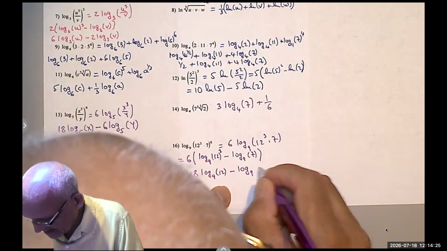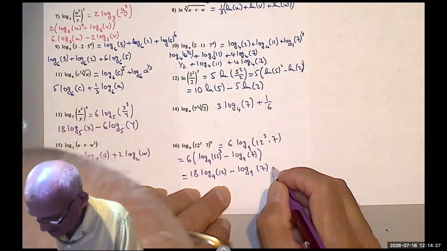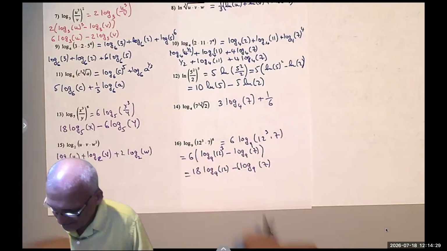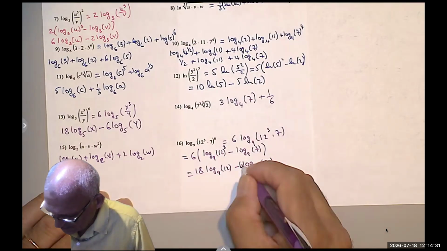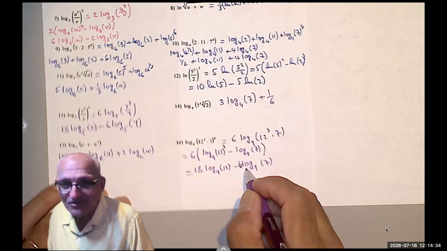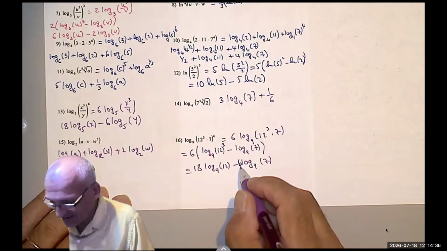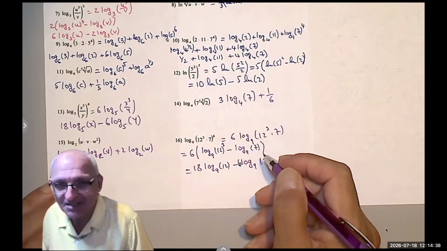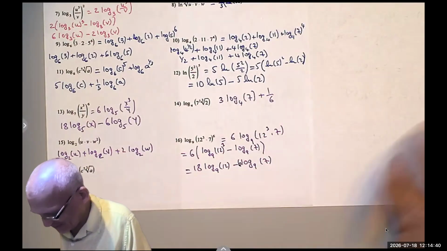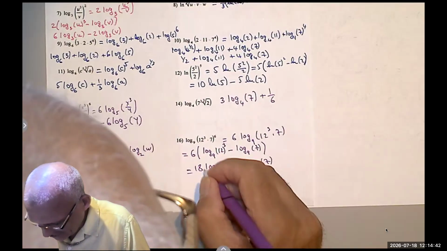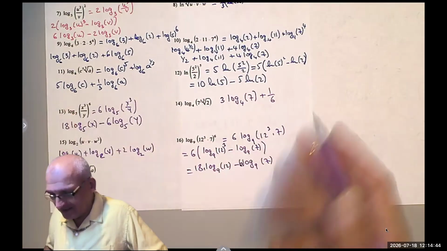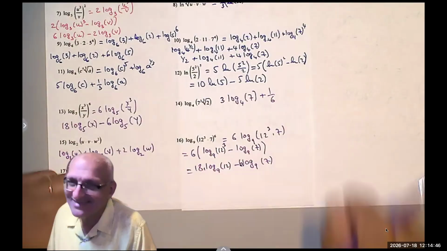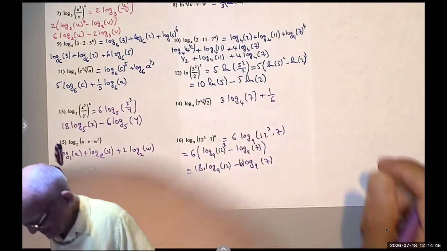Minus 6 log to the base 9 of 7. I don't want you to get confused like me and think this is 610 or something. 6 times log. Maybe we need to use a dot so we know. No, it's still 18.